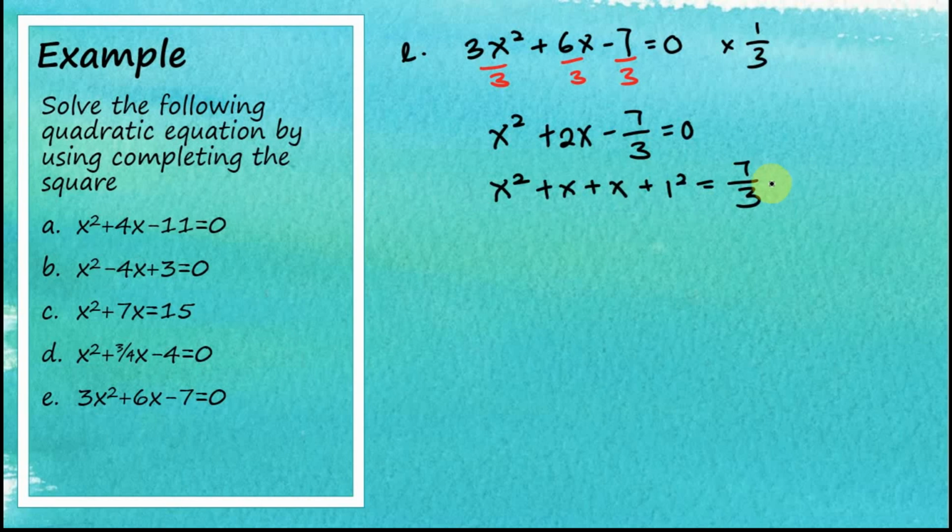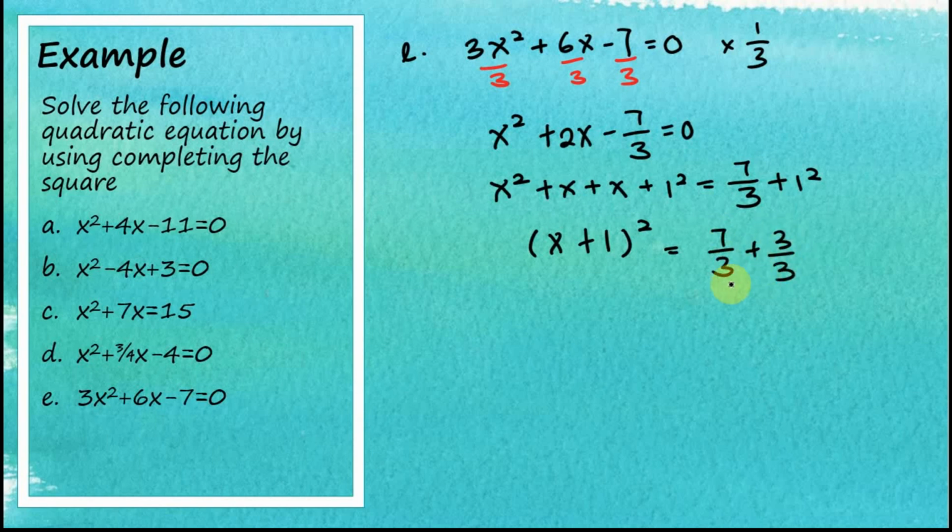Okay, and to make the equation balance, we need to have 1 squared on the right, and the square is complete. So therefore this is (x plus 1) squared equal to 7/3 plus, now this becomes 3/3.